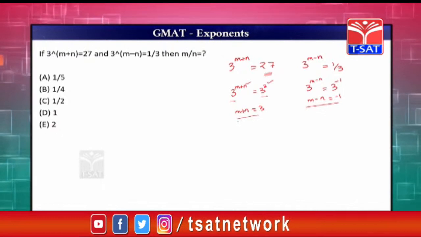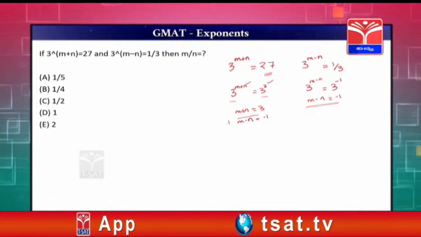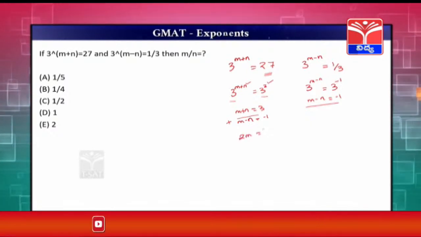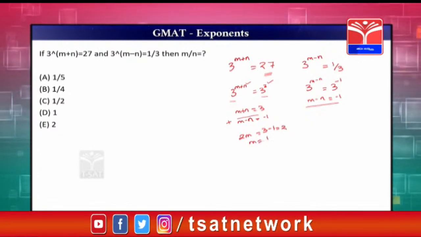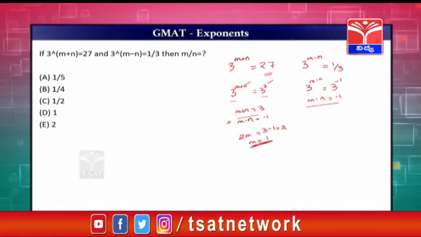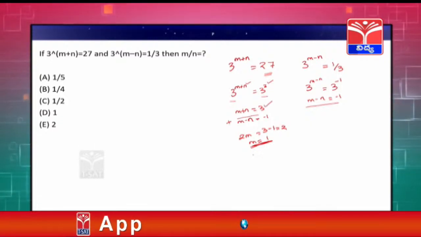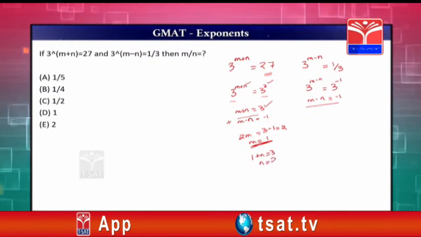When you add both of these equations, you will get 2m is equal to 3 minus 1, that is 2. So, therefore m is equal to 1, and n, you substitute m is equal to 1 in this equation, you will get 1 plus n is 3. So, n is equal to 2.